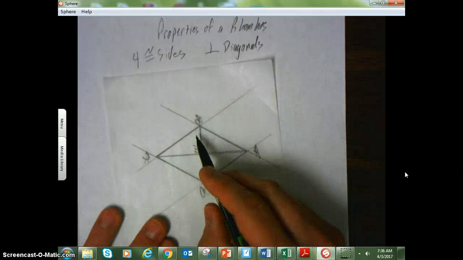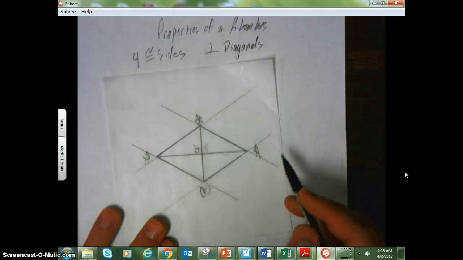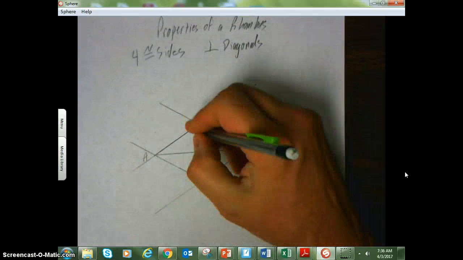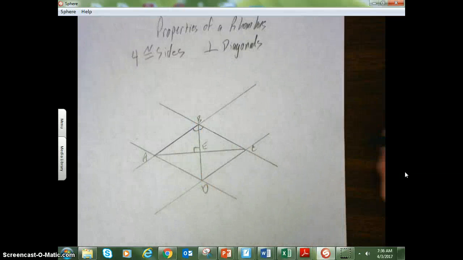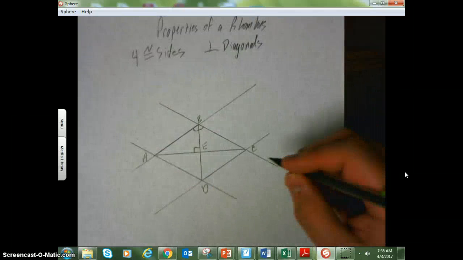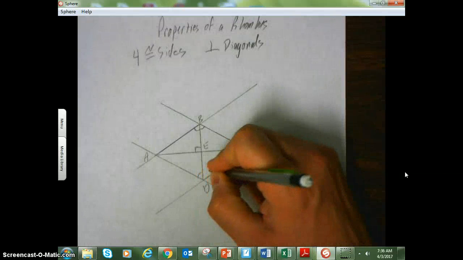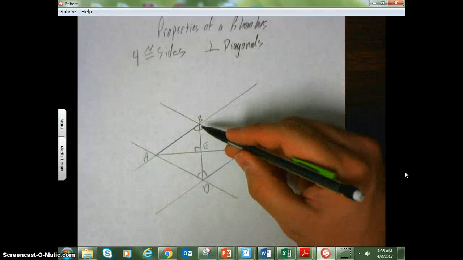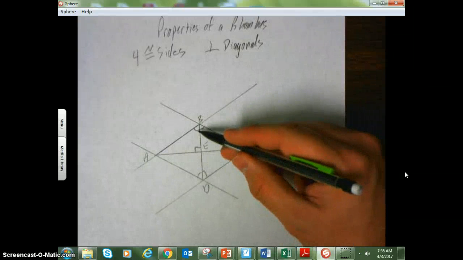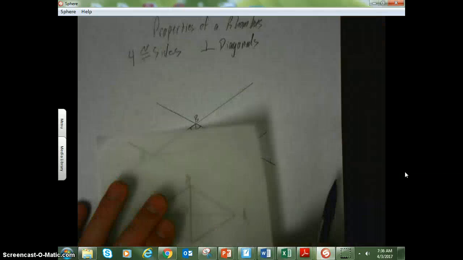And what I'm looking at here are these angles, and I notice because the figure sits perfectly on top of itself that this angle here and this angle here are congruent to each other. Well, because it's a parallelogram, opposite angles are congruent to each other, so this angle here and this angle here also have to be congruent to each other. So diagonal BD is bisecting the angles at the inside of the figure.